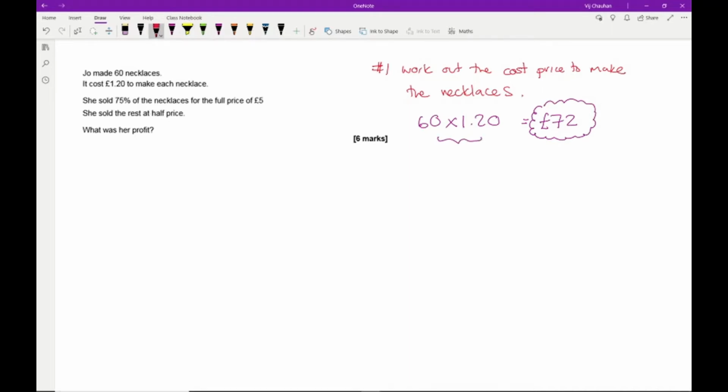So the next thing I need to do is find out how many necklaces were sold at full price. Now you don't need to write down the steps. So what I need to do is work out what 75% of 60 is. 75% is the same as 50% plus 25% of 60.